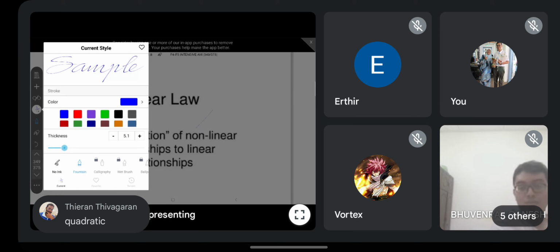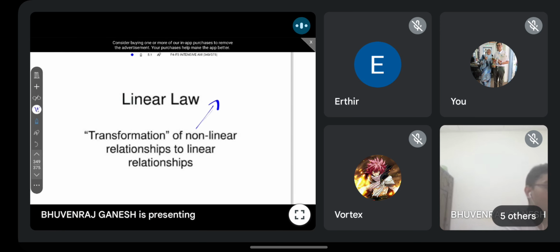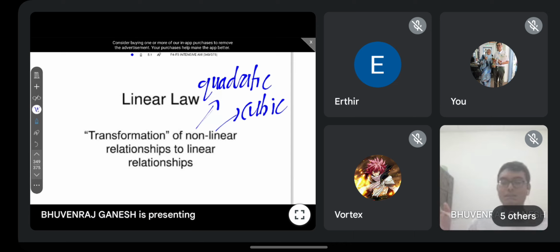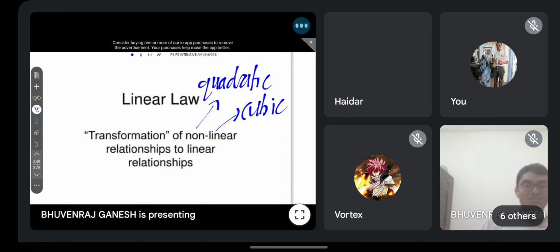Okay, quadratic, some more. What other graphs do you all know? Cubic, okay, some more. Lagi, jenis-jenis graph. Only two, surely got some more, right?